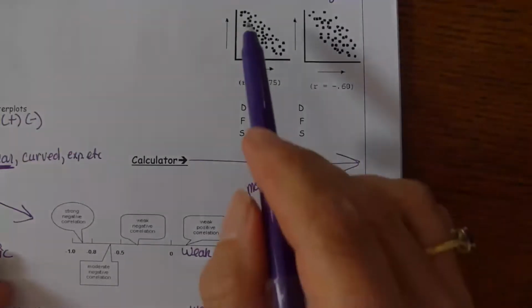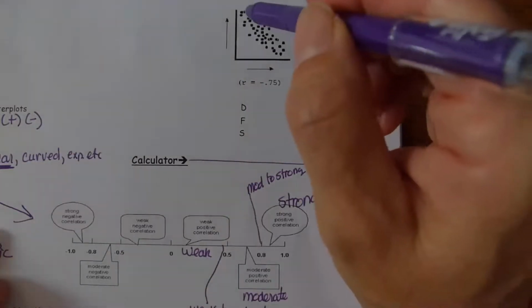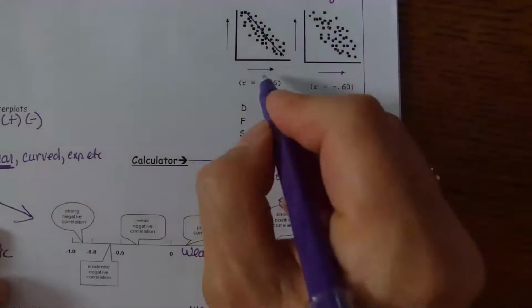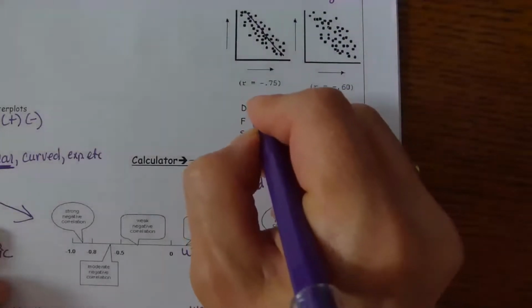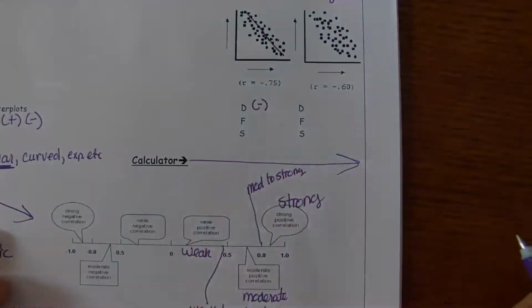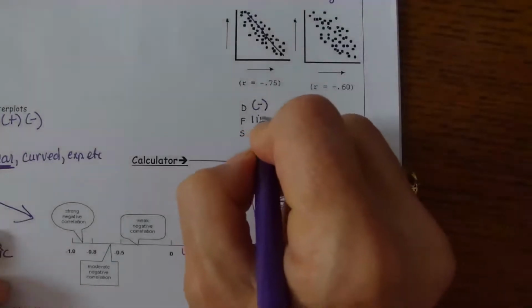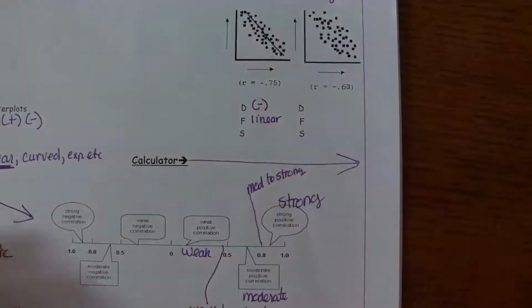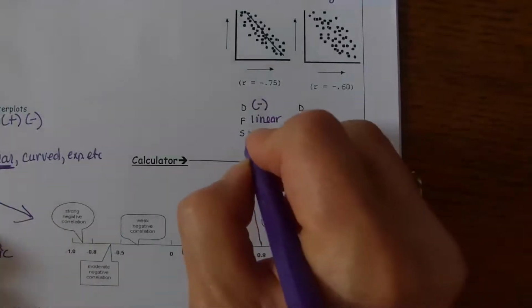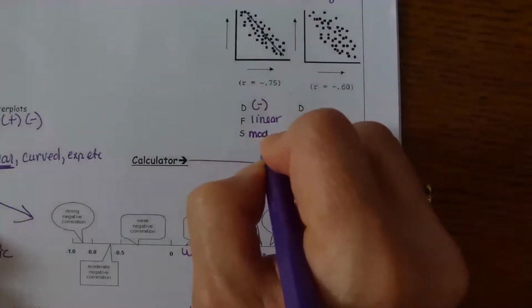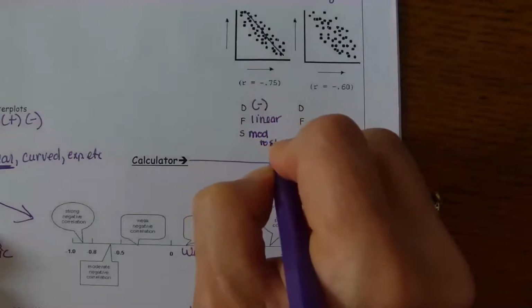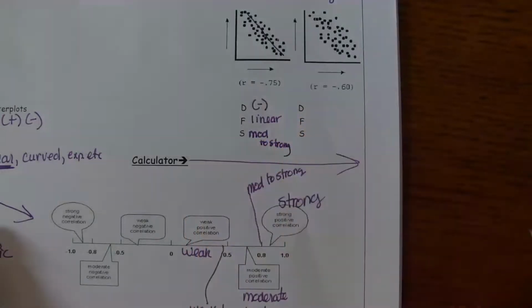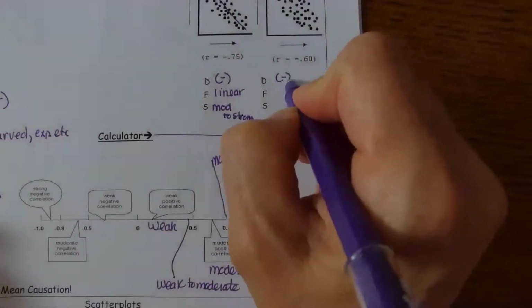Okay, what about this one? Yeah, that's going down, and my R value is always going to be the same as my direction. It's linear, right? Now, how would you describe it? Moderate to strong. It's in the middle of moderate and strong, right? And then what about this one? Negative.